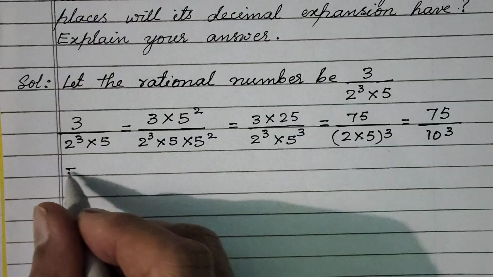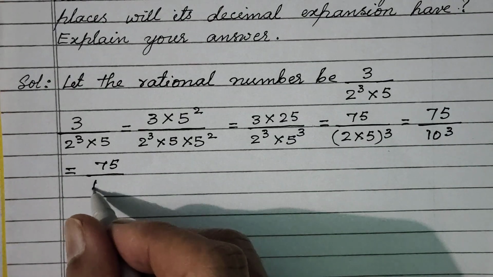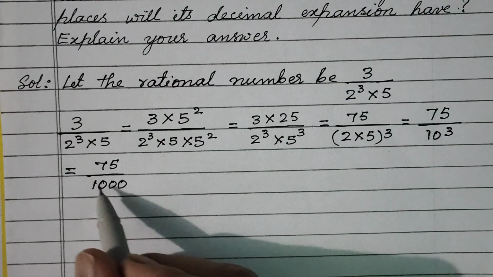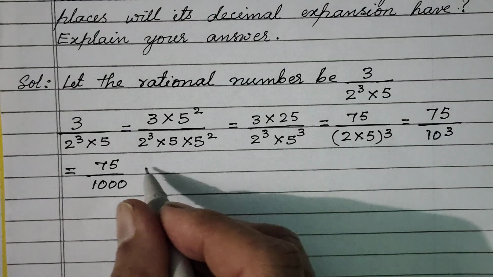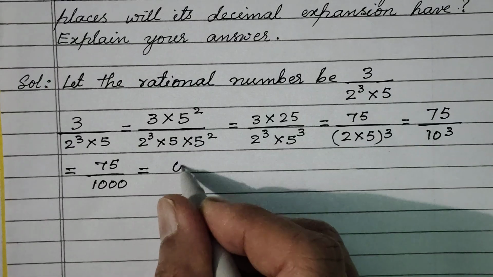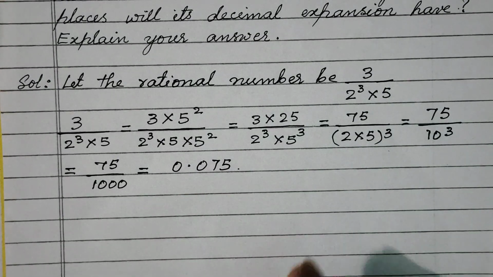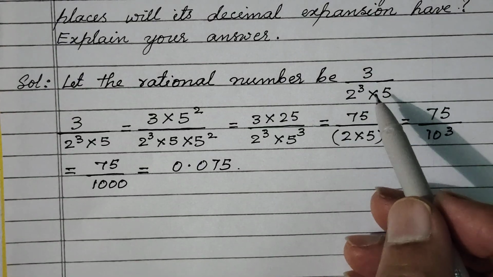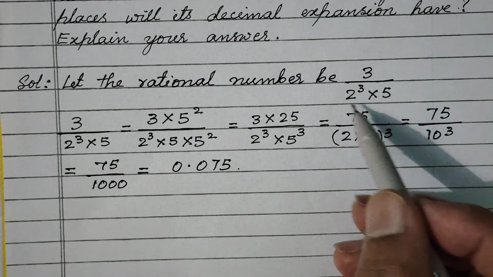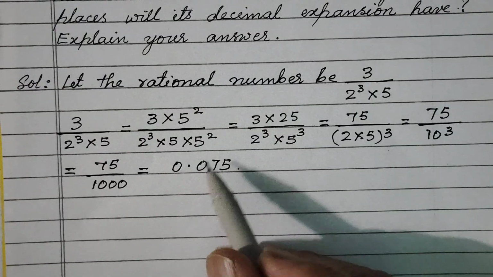That's equal to 75 by 1000. So I have converted the denominator into a multiple of 10. Then when we divide it, we will get 0.075. So the rational number in its simplest form, whose denominator is 2 cube into 5, has 3 decimal places.